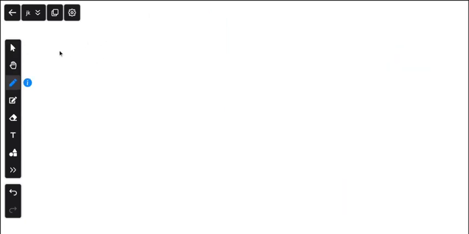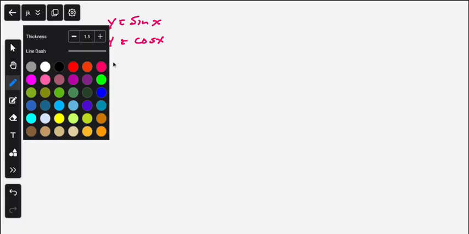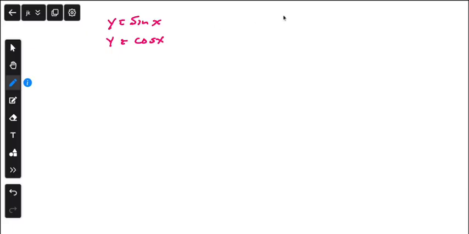Let's talk about the graphs of trigonometry. I'm going to start with sine. So let's say y is equal to sine x and y is equal to cos x. We need to understand how these graphs look like. As you can see, this is positive. So we are going to have two things here. First one, positive sine x. Then the second one is going to be negative sine x.